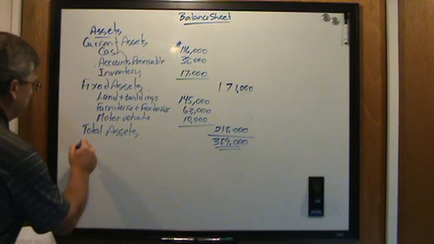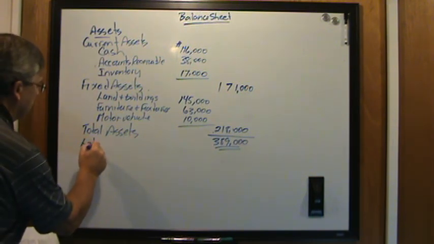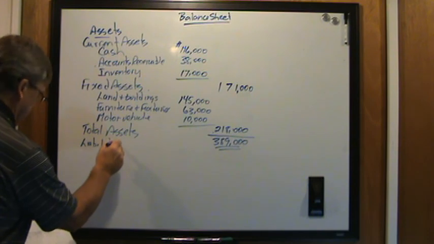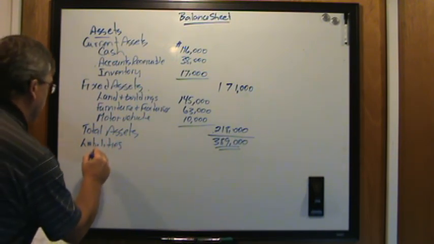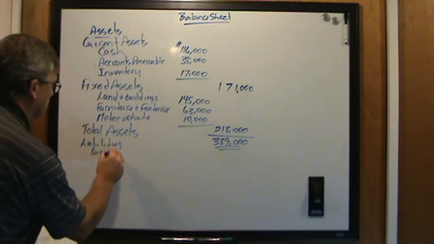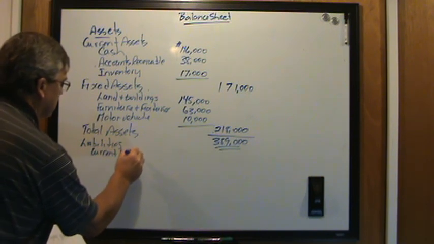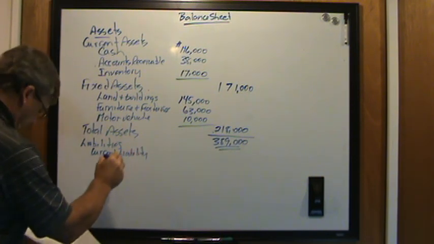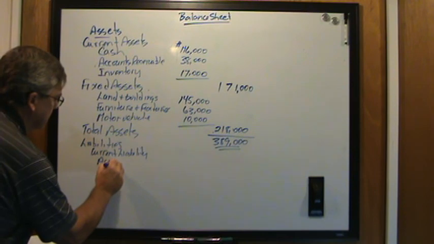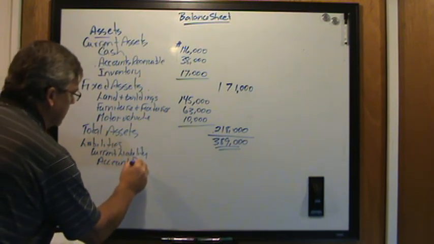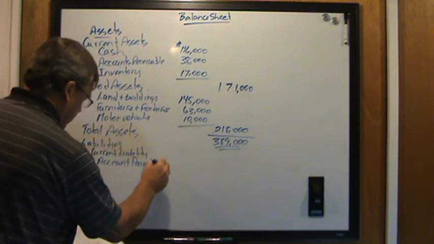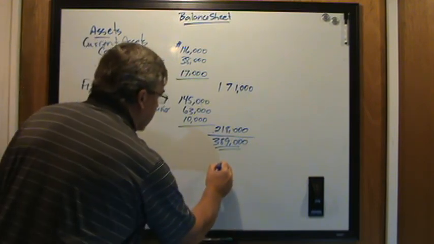Okay, liabilities. The current liability is the accounts payable. Accounts payable were 24,000.